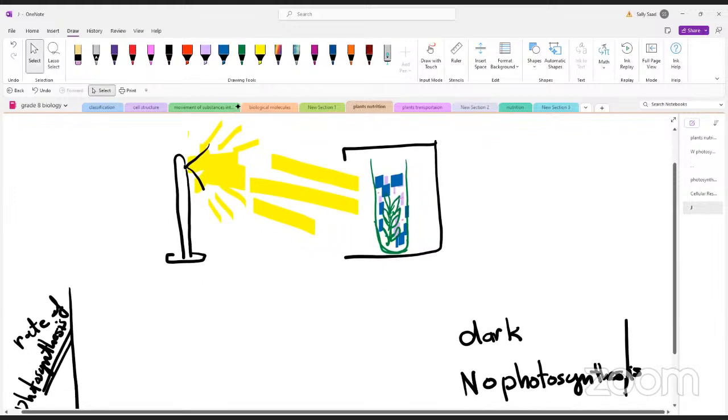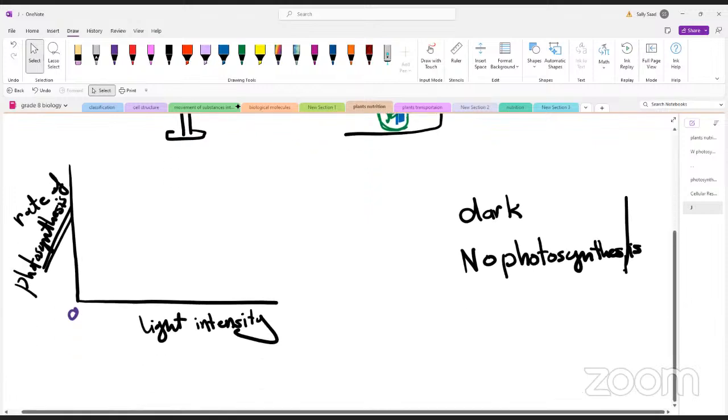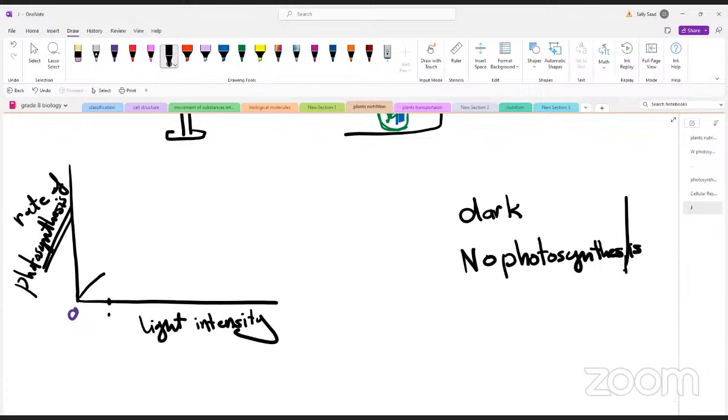So there will be photosynthesis. Agree with me or not? So I put here one lamp, more photosynthesis. So the light limited the process, or the process was not occurring because of the absence of light.